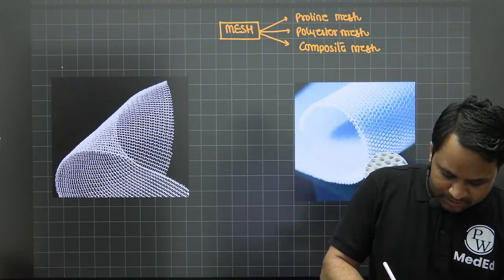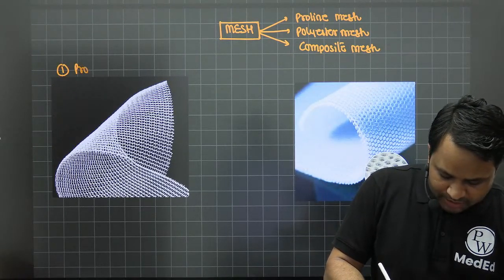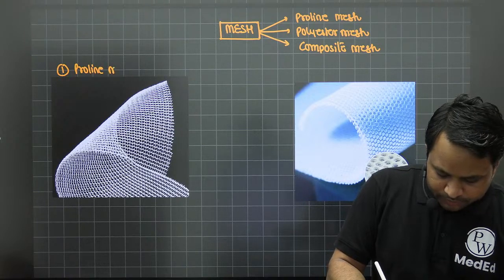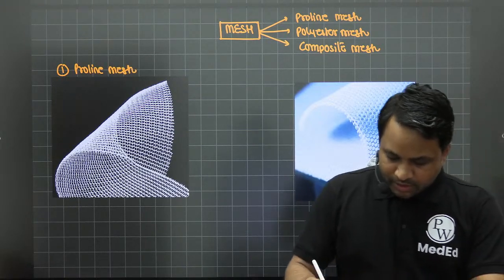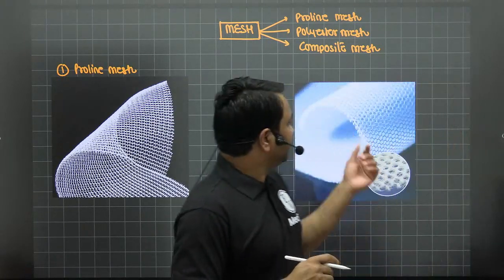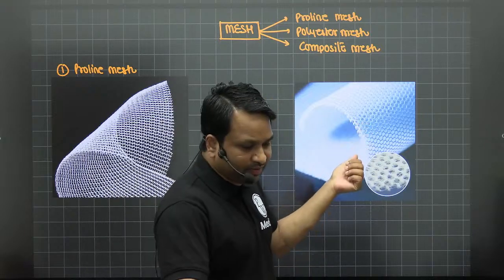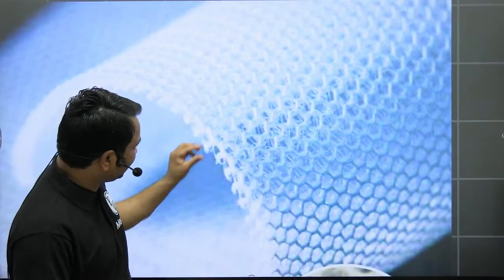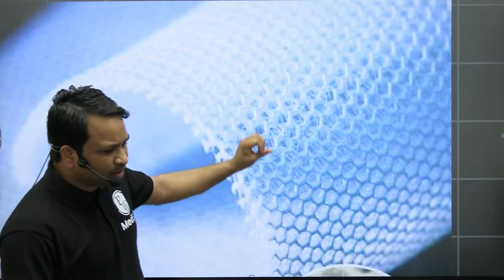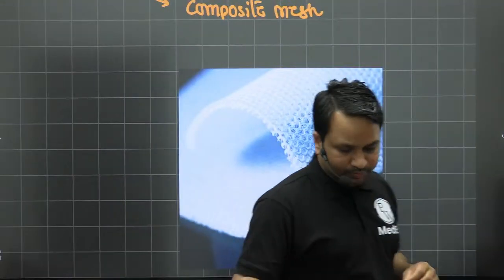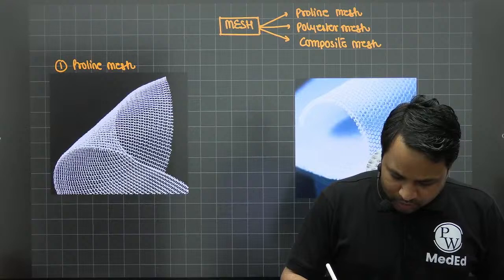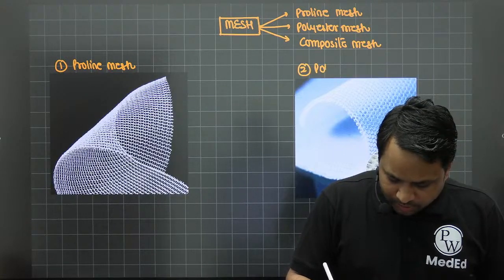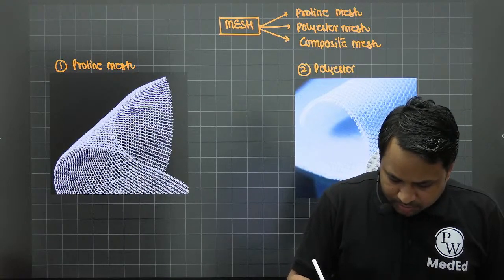So the first image that you have is of your standard Prolene mesh. Now you can see it's slightly thicker, with a lot of weaves present, a more weavy pattern, thickened, multi-layered. The second one is what we call a polyester mesh.